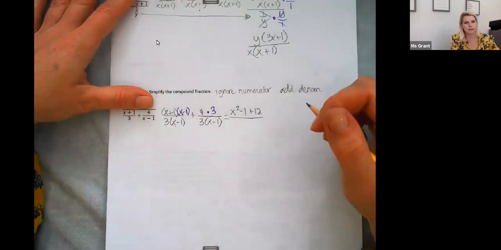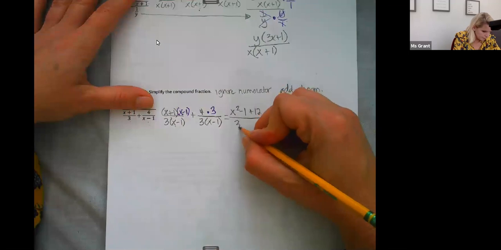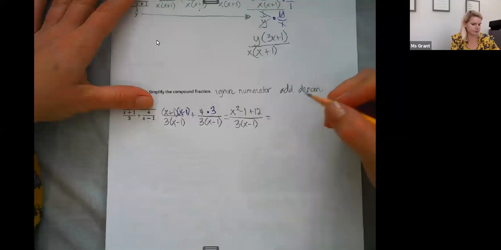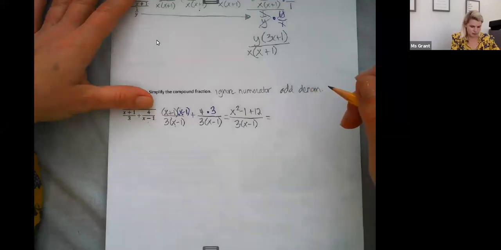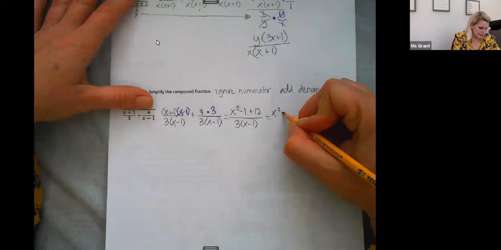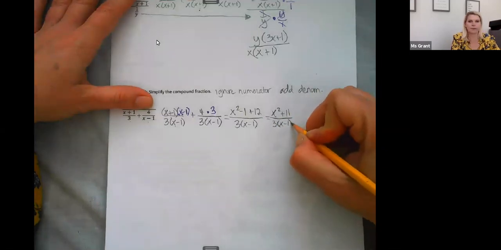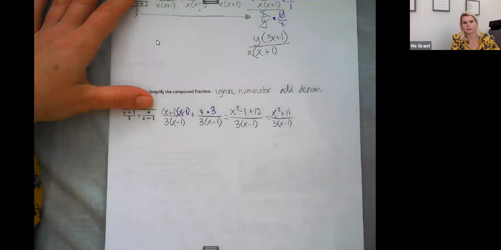That's the numerator simplified over 3 times x minus 1. Well, x squared minus 1 plus 12 is x squared plus 11 over 3 times x minus 1. I am done with my denominator.